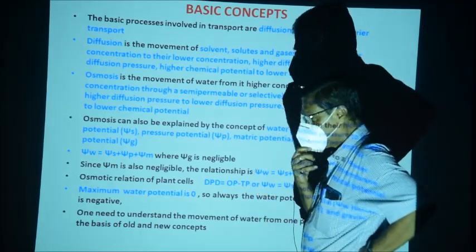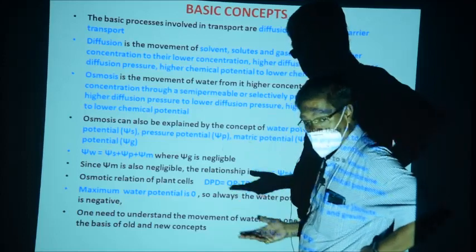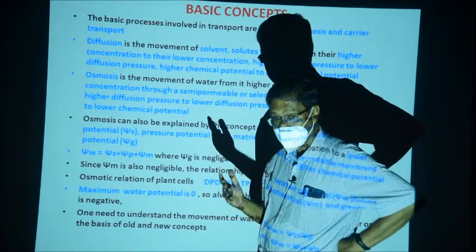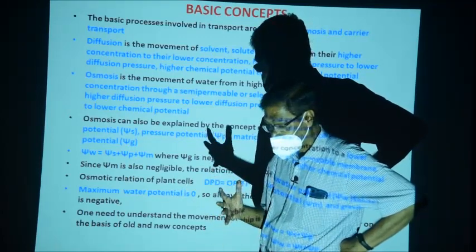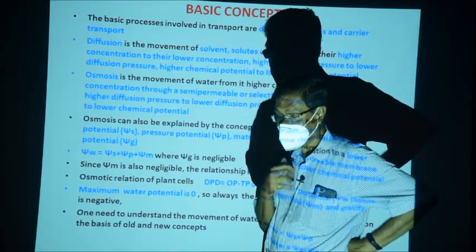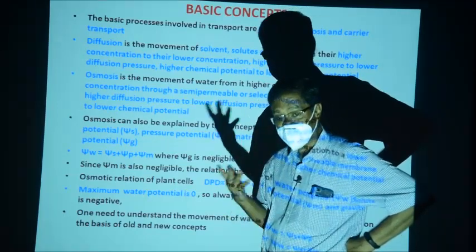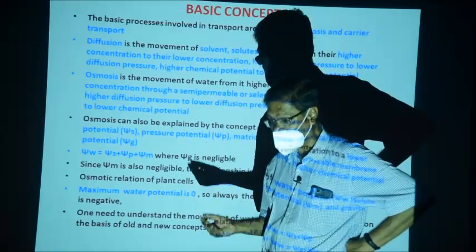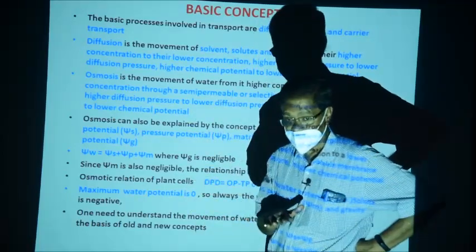So, if the concentration of the solution is more, the solvent is less, so diffusion pressure is less. If the concentration is less, the solvent is more, so diffusion pressure is more, from higher diffusion pressure to lower diffusion pressure.